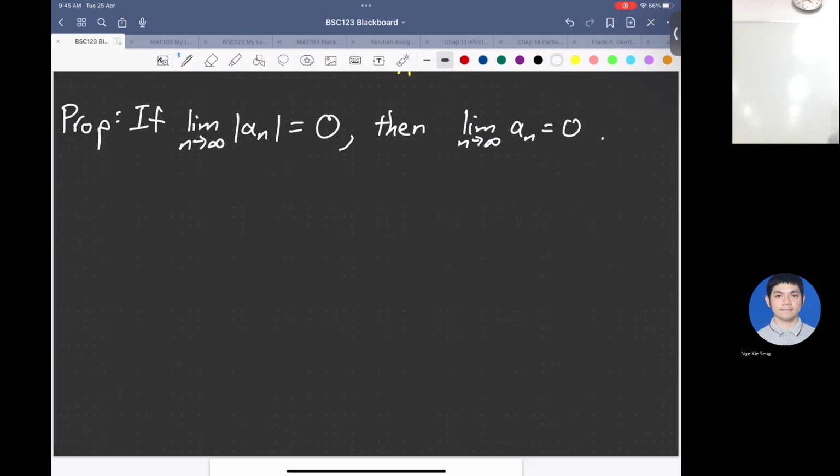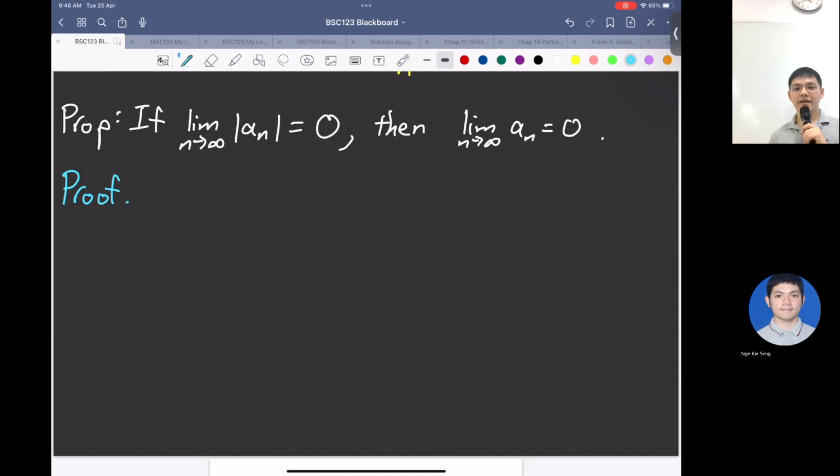Just now we mentioned a concept: I don't care about the oscillating, I only care whether the value gets close to the limit or not. This is exactly what it is trying to say. You take the absolute value, so all of them are on the positive side, and they converge to 0. Then the original sequence, which alternates around the line y equals 0, also converges to 0.